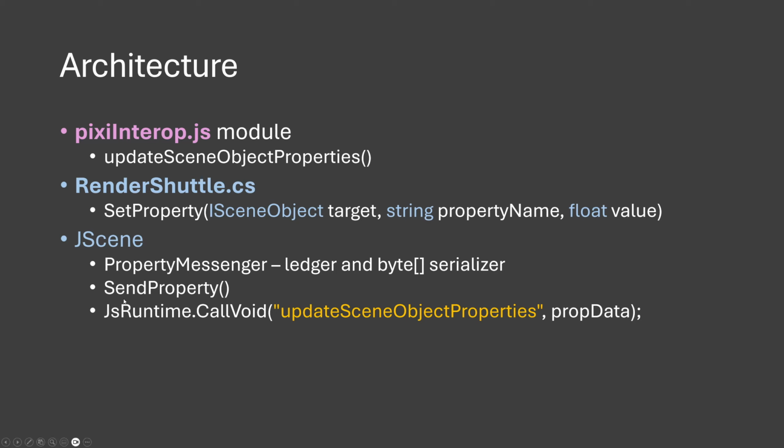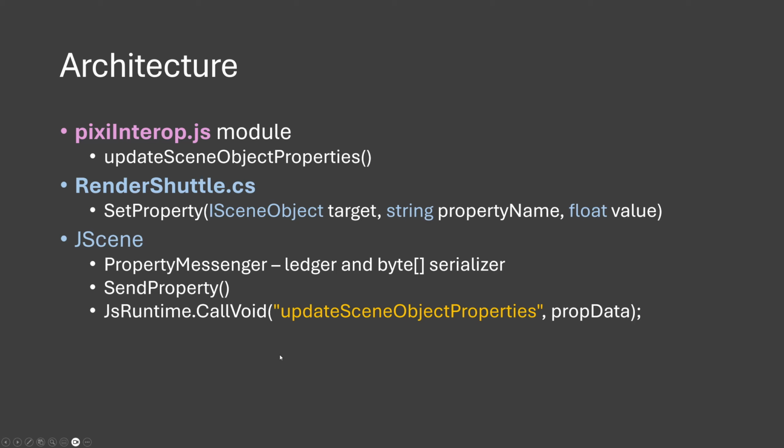JSON also exposes a method for the scene objects to update the ledger, and that is called send property. This is what we will be calling from our scene objects, and most of it will be in the base abstract class, JScene element. So we don't need to do this for every different type of object in our scene.